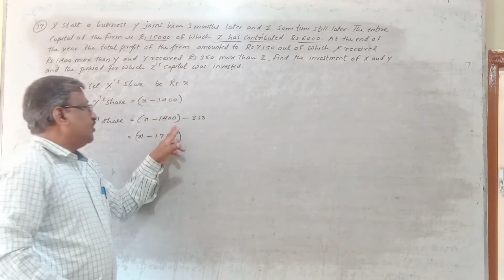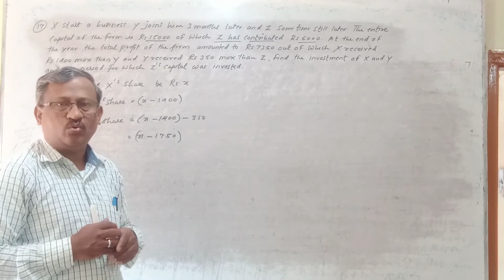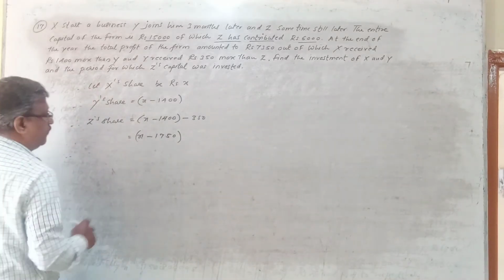So whatever share of profits are there, the same shares, if we add together, we have to get the total profit. So for that what you have to do? You have to add the shares of all the partners.